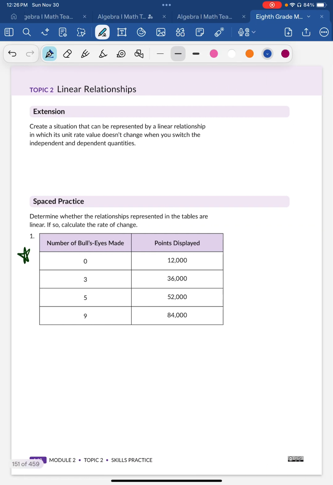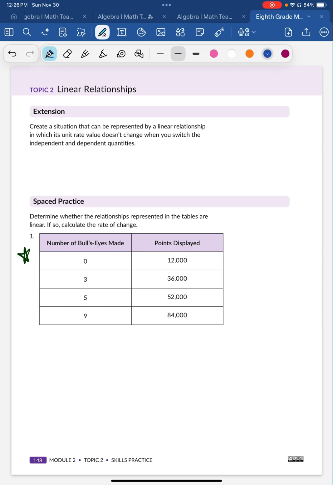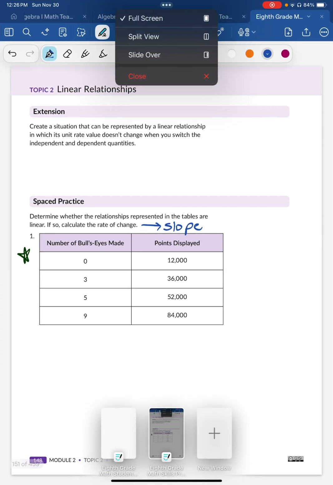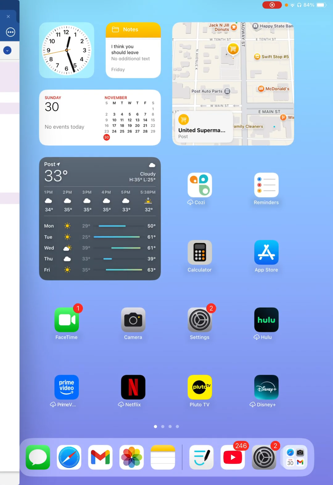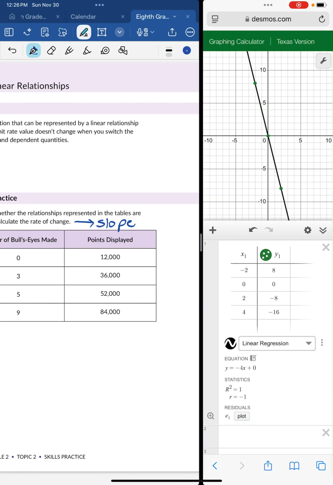Okay, moving on. Let's do this one next page, number 148. Number 1, determine whether the relationship represented in the tables is linear. If so, calculate the rate of change. That is the slope. Well, let's go over to Desmos. Let me just split the view and go over to Desmos. So what is our table going to look like?